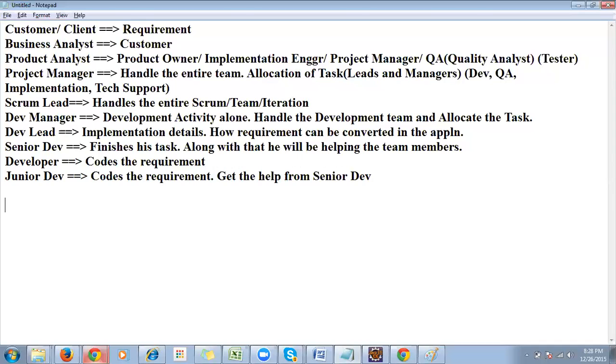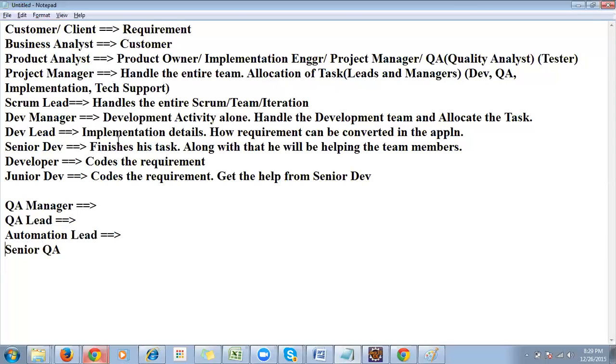Okay, next when you come to the QA levels, we have QA manager, then we have QA lead, then we have automation lead, then we have QA, okay, senior QA also is there.